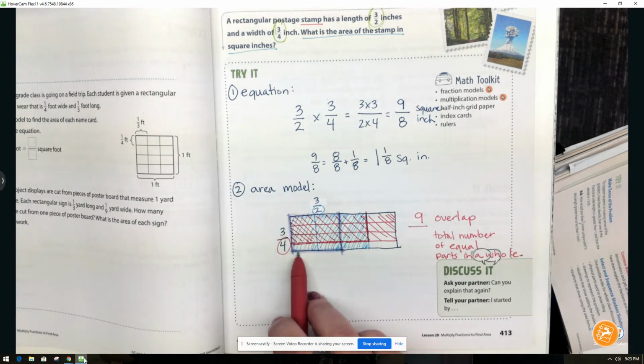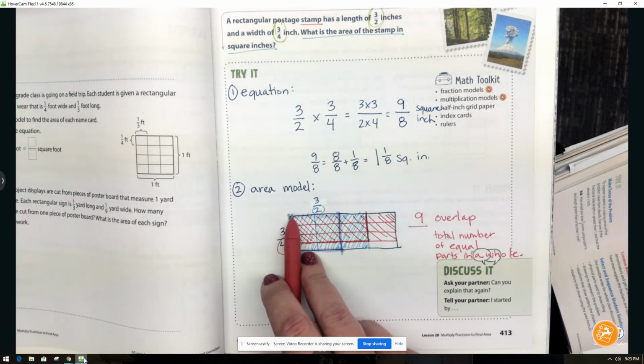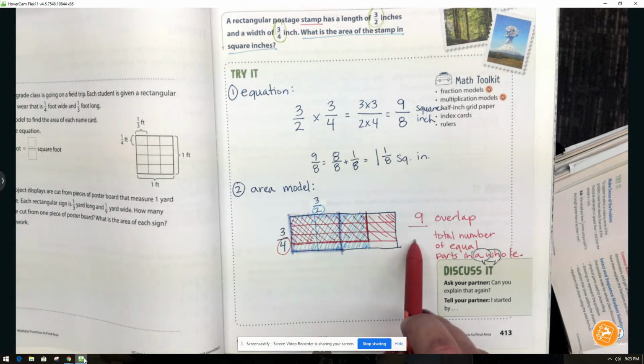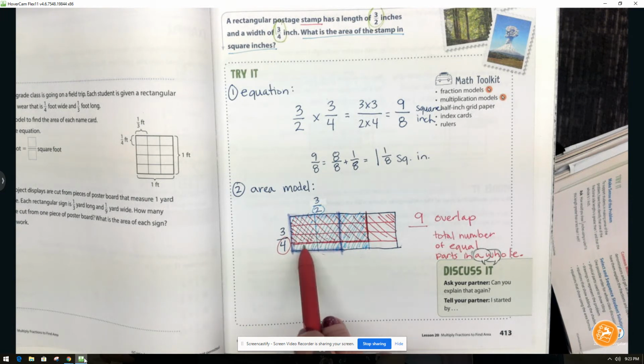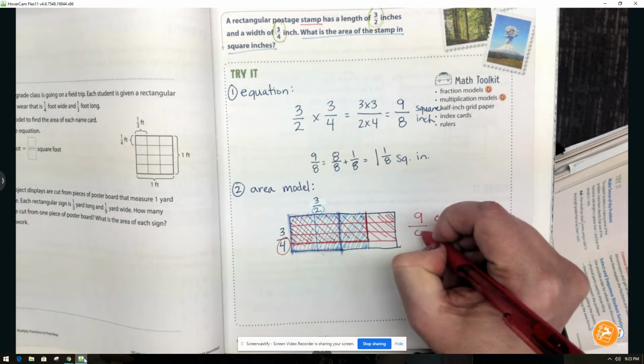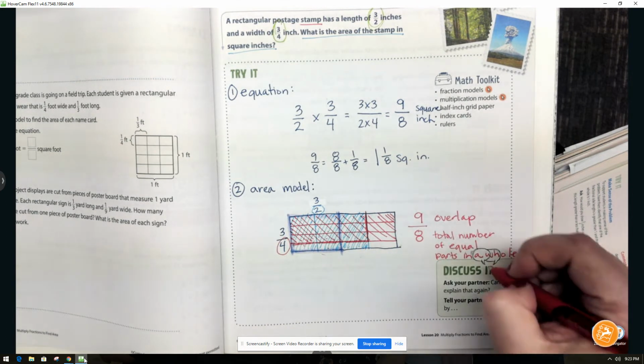So remember when I went back and I shaded my purple highlighter around this whole here? We want to know how many equal parts are just in this section here. There are 1, 2, 3, 4, 5, 6, 7, 8. 8 parts in one whole.